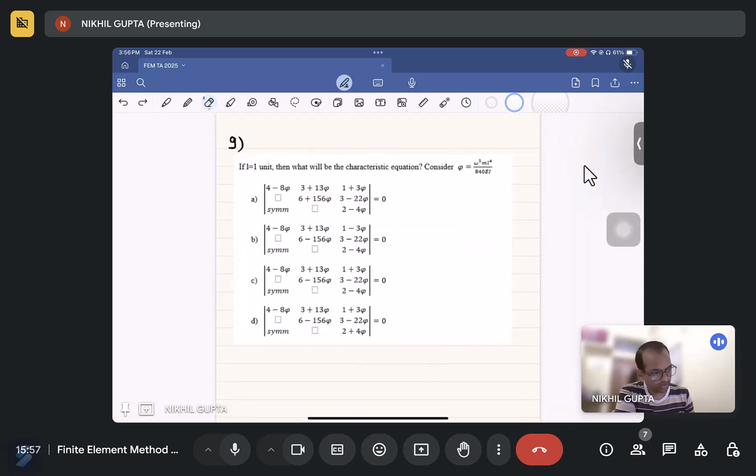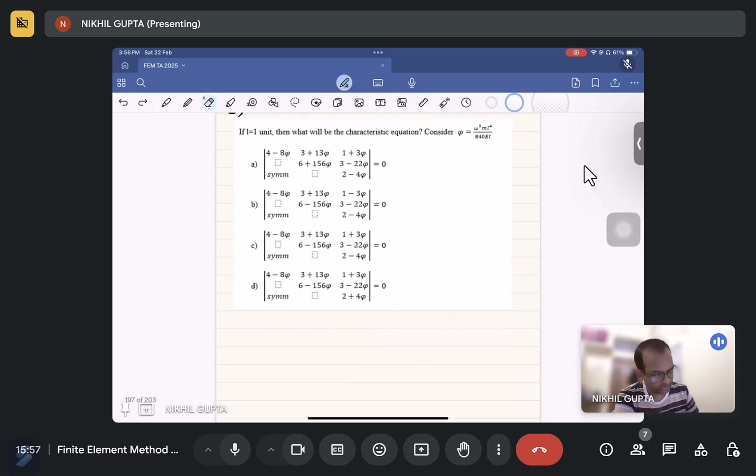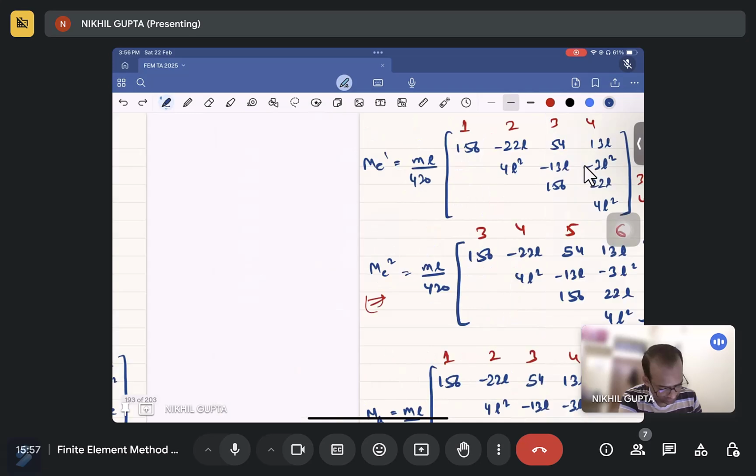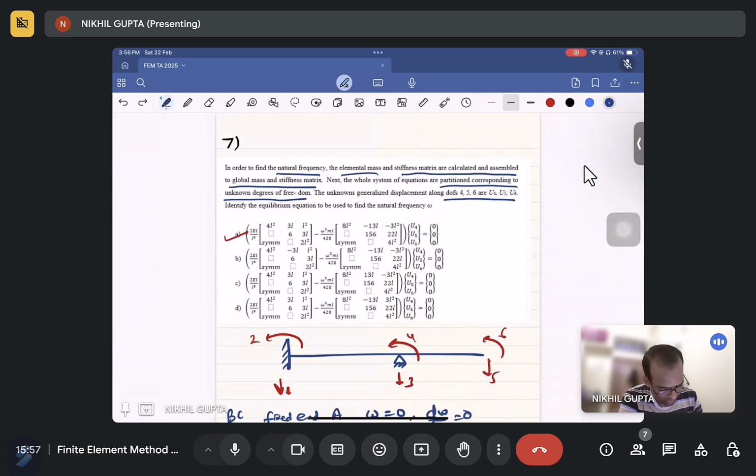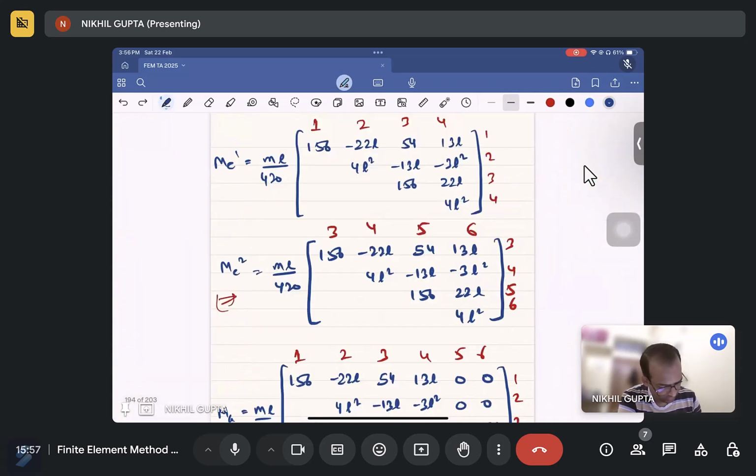Now okay, now I'll solve this because last time I didn't solve this. So I'll start solving this. Okay, so I'll take the help of this solution and write the full equation that we have got.